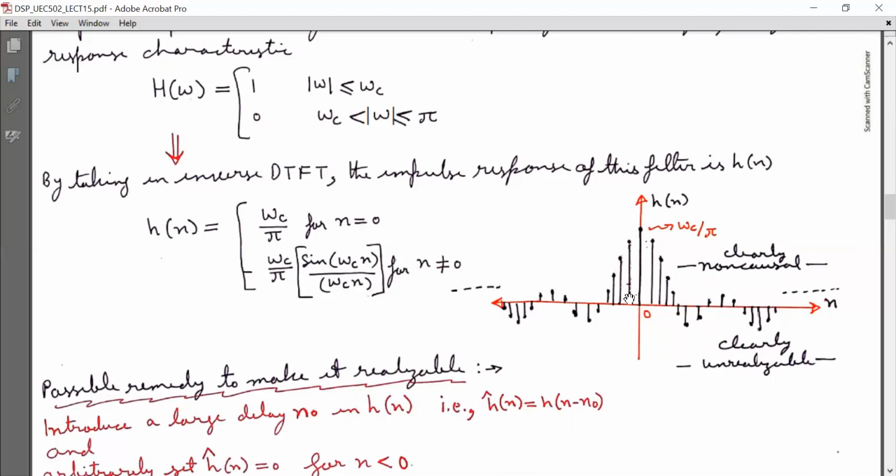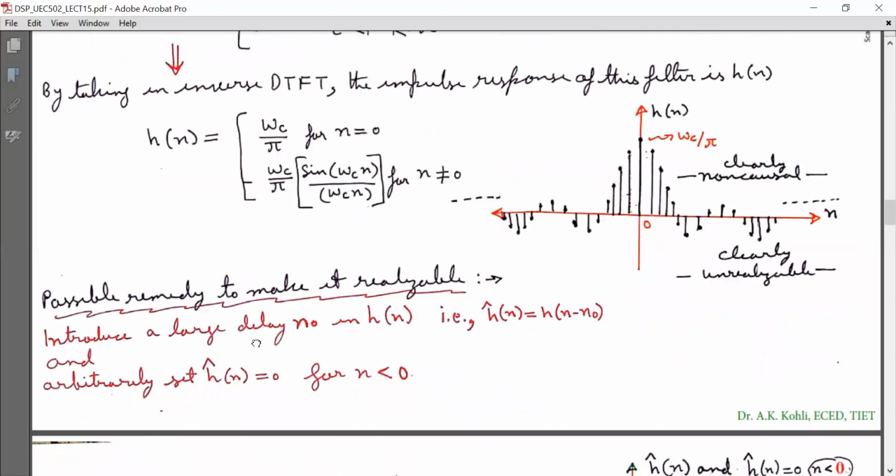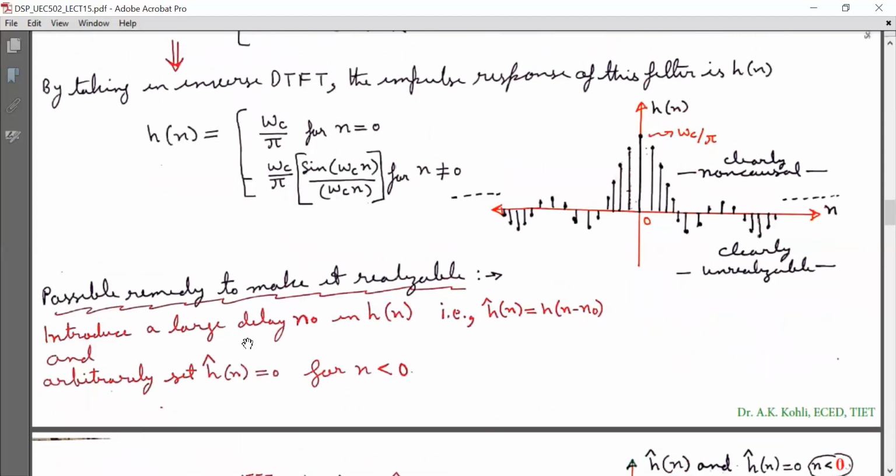Now, the problem is we want to realize it. A possible remedy to make it realizable includes introducing a large delay n0 in h(n), that is h cap(n) equal to h(n minus n0), shifting h(n) by n0 samples, and arbitrarily setting h cap(n) equal to 0 for n less than 0.